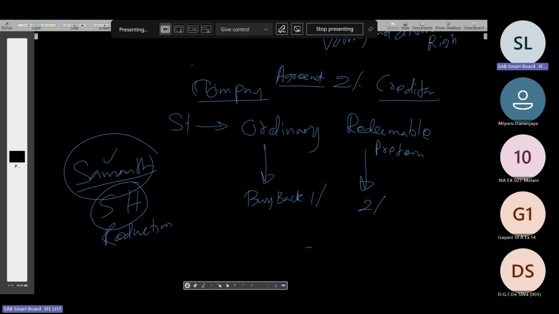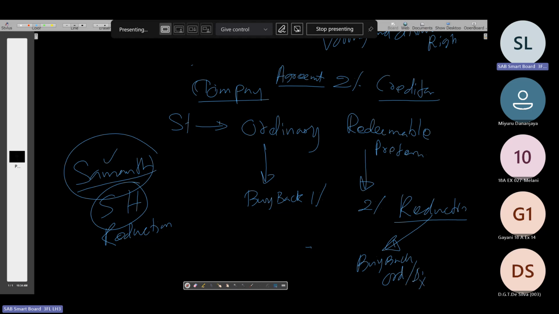Now, actually, it's very simple. We can identify the concept of reduction. It means repurchase, to buy back ordinary shares or irredeemable shares. But here, no irredeemable shares.